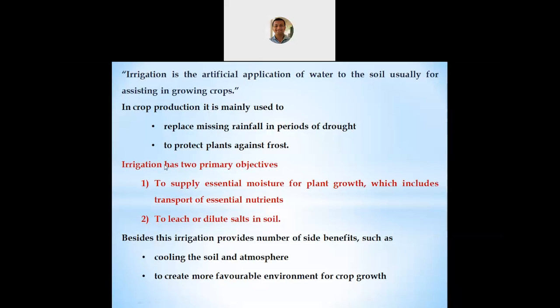Irrigation has basically two primary objectives: to supply essential moisture for plant growth, which includes transport of essential nutrients, and sometimes in a saline condition we apply excess amount of water to leach or dilute the salts in the soil and leach them out from the system.